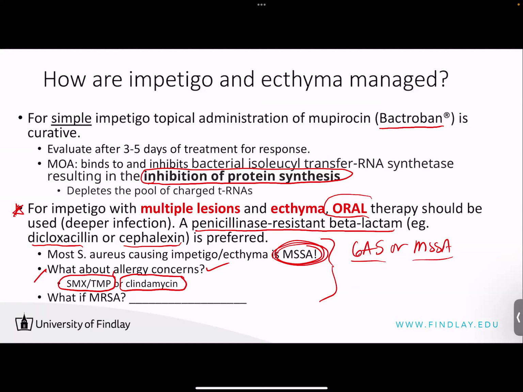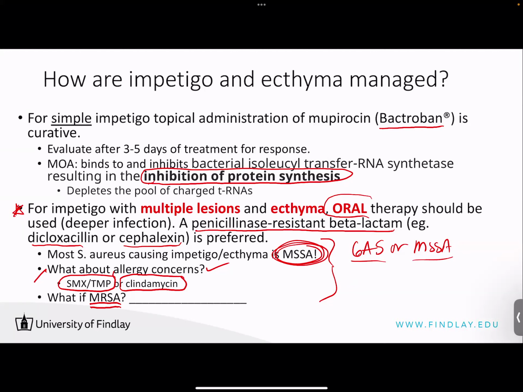Okay. All right. And then what if it is MRSA? Well, does your patient have a history of being colonized with MRSA? Or have they been in a healthcare facility, received treatment in a healthcare setting recently? Have they had antibiotics recently, which might put them at risk for having MRSA?